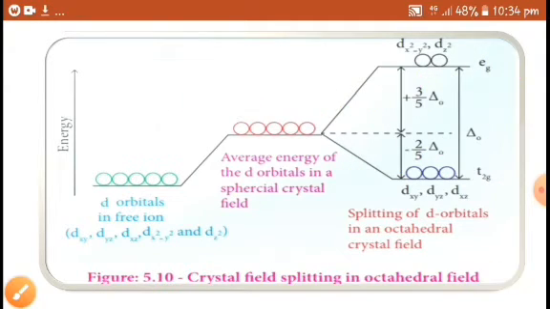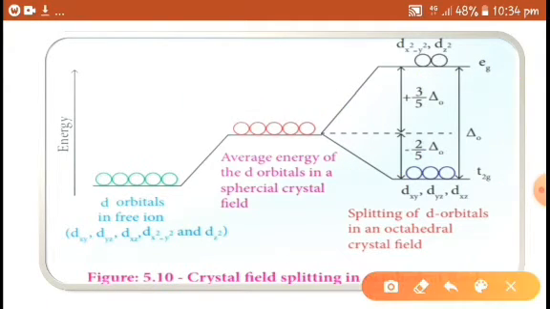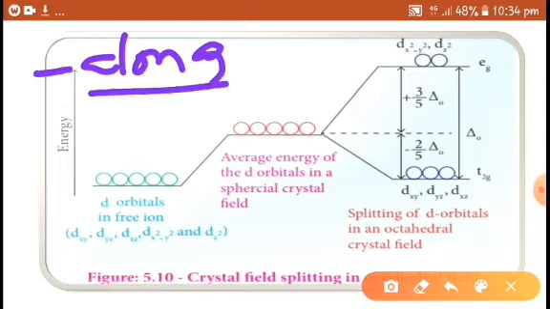First of all, we should know one point: the ligands approach the metal ion along the axis. This is the very important point to explain d orbital splitting in octahedral complexes.